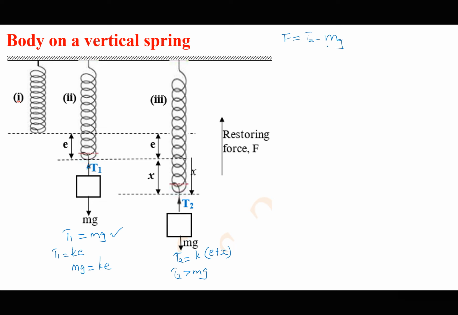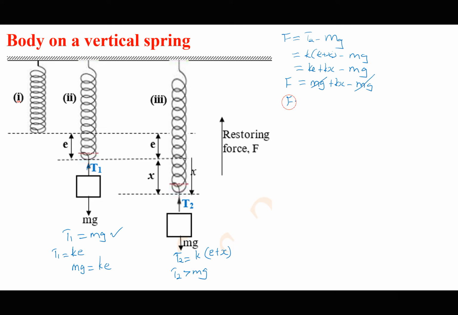That is K into e plus x, then minus mg. So the resultant force is equal to Ke plus Kx minus mg. But remember, Ke was equal to mg, so the resultant force is mg plus Kx minus mg. So this cancels with this.